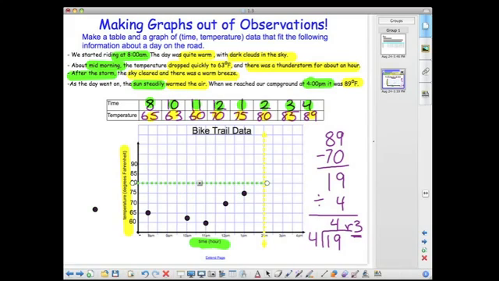The next one is 3 o'clock and 85 degrees. And the last one is at 4 o'clock and it is 89 degrees.